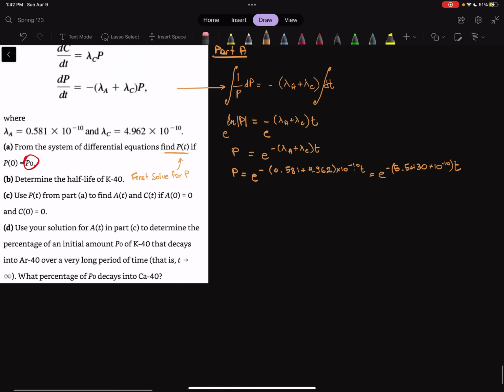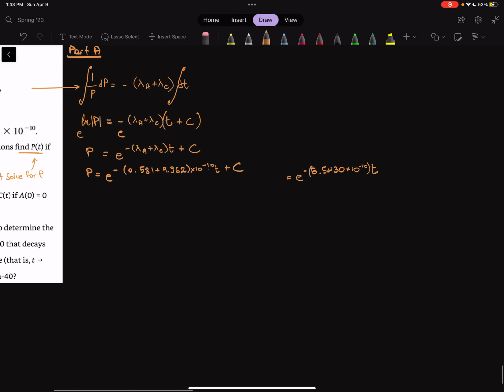Well, not completely. Because if we integrate this, this is going to be plus c. Now, this times c can just be defined as another constant, so we'll still define it as plus c. So here we'll have a plus c, and that's going to mean that here we'll have an e to the c.